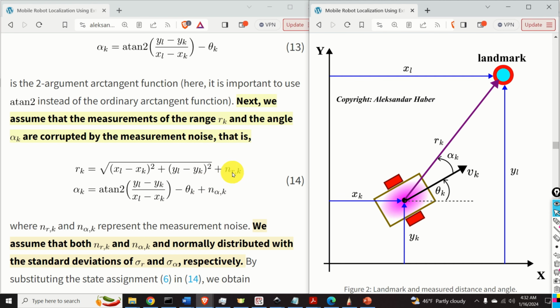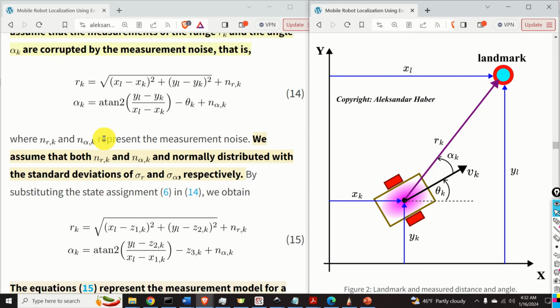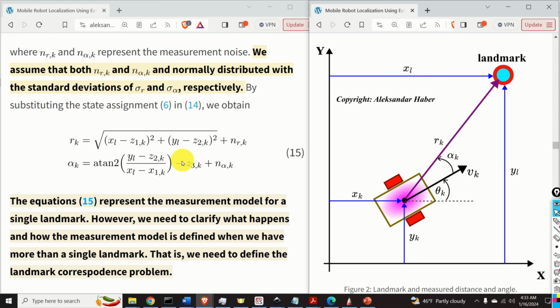The first noise term and the second noise term are normally distributed with zero mean and with standard deviations of sigma r and sigma alpha respectively. Now, by substituting new symbols for states in these two equations, we obtain these two equations. The set of equations given in 15 represents the measurement model for a single landmark.